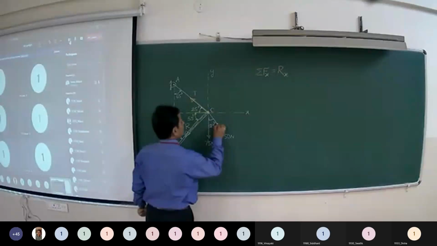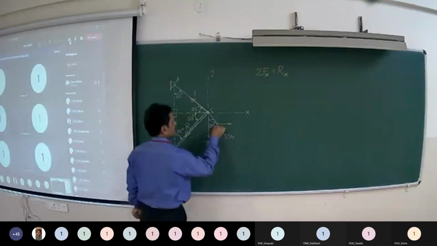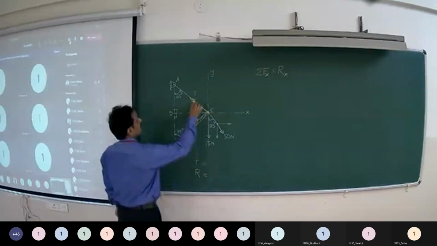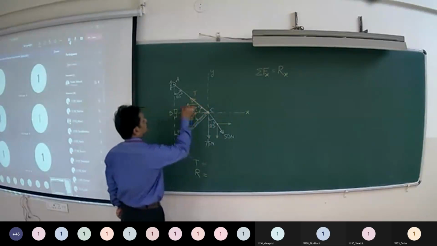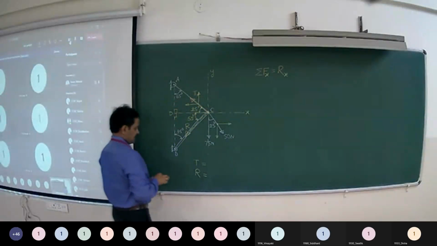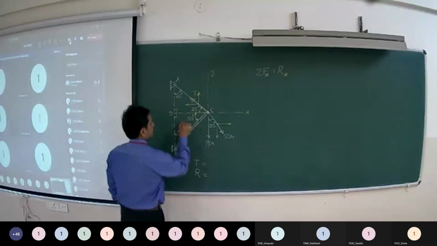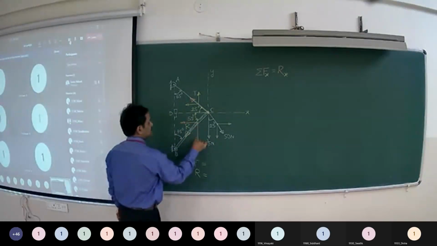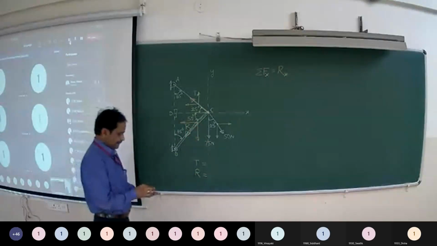For 50, x component is towards right, y component is downwards, 75 is along y, and for tension, x component is towards left, y component is upwards. For resultant, x component is towards left, y component is downwards.